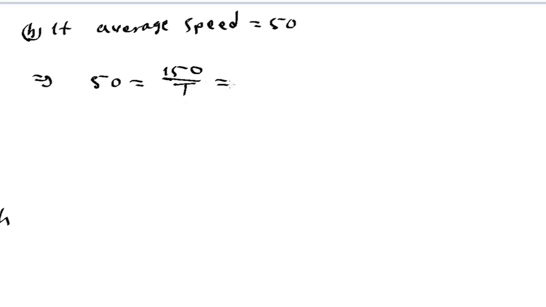So here we can make t the subject, and that is 50t equal to 150. So we divide by 50. We divide by 50. And that means that T will be equal to 3.